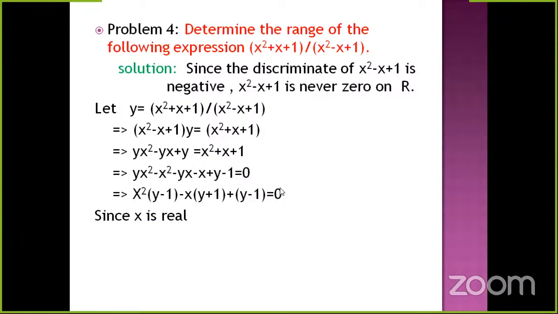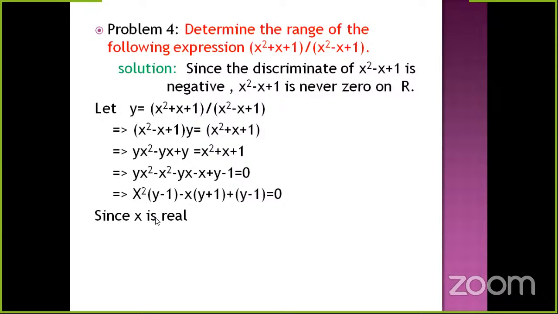This equation is in the form of a quadratic equation in the variable x, so ax square plus bx plus c equal to 0. Here they have given that x is real. Since x is real, the roots will also be real.